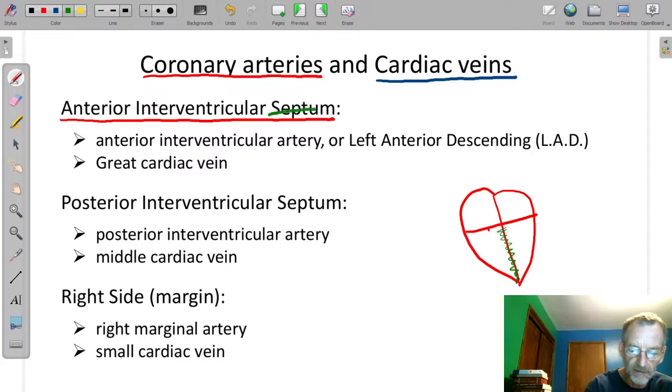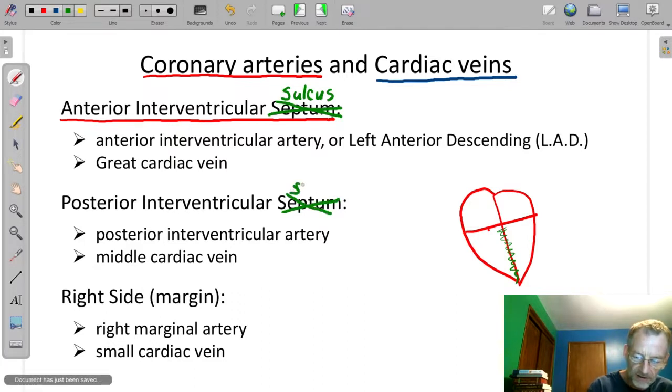I'm not going to go back and fix this right now on the slide. So we're just going to make a typo correction. Anterior interventricular sulcus. And the problem with copying and pasting is that if you make an error in one, you make an error in the other. So this also should be sulcus.